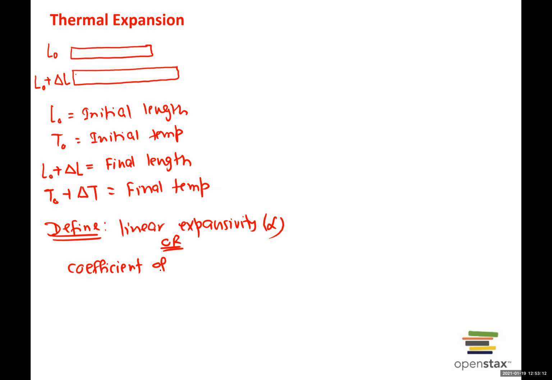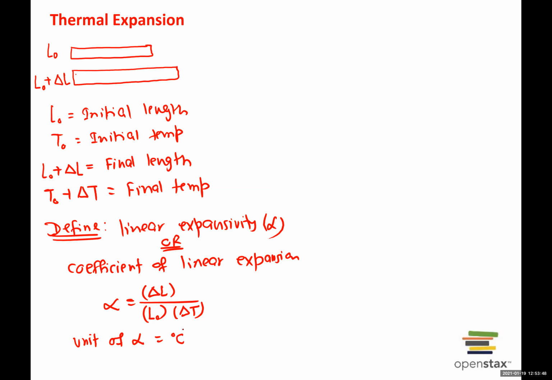We define alpha as the change in length over the initial length times the change in temperature. You can see the unit of alpha is per degree Celsius, or per Kelvin, depending on which system we are using to measure the temperature.